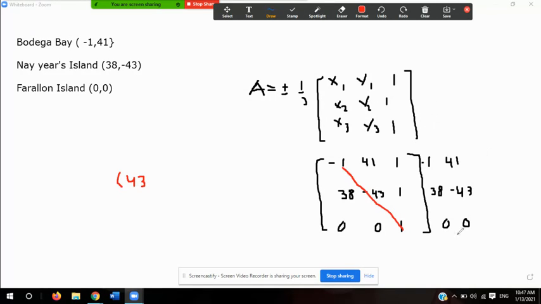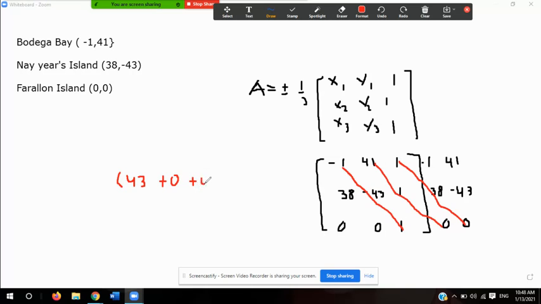You have 41 times 1 times 0, which of course is 0, so 43 plus 0. And then you have 1 times 38 times 0, which of course is 0 as well, so plus 0.